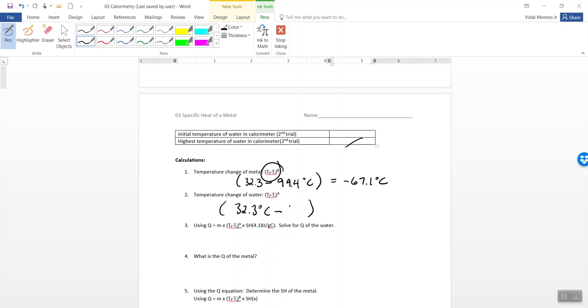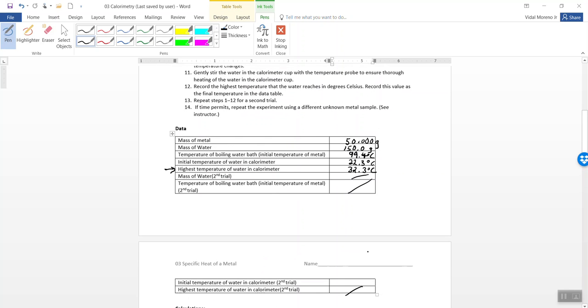What is the initial temperature of the water in the calorimeter? That is the temperature after the metal was added. That is the final temperature. So what is the initial temperature? Let's look up here again.